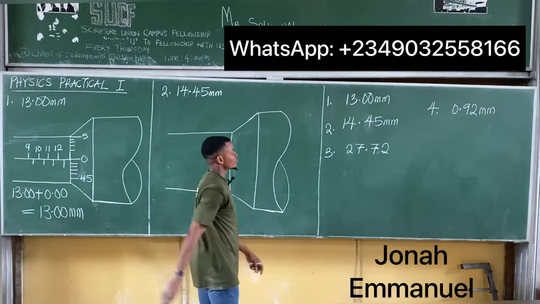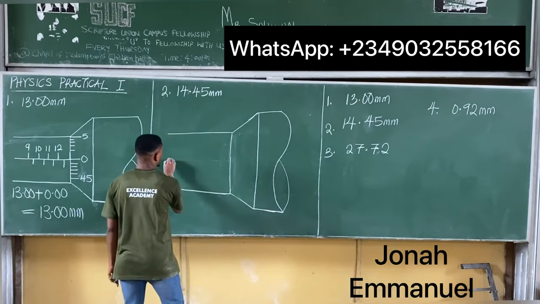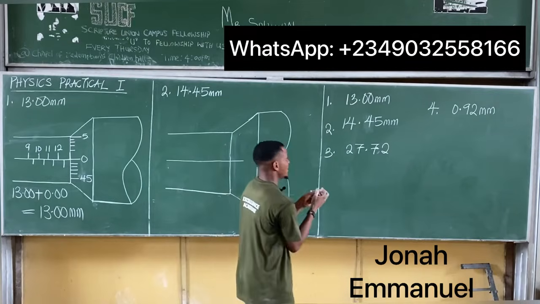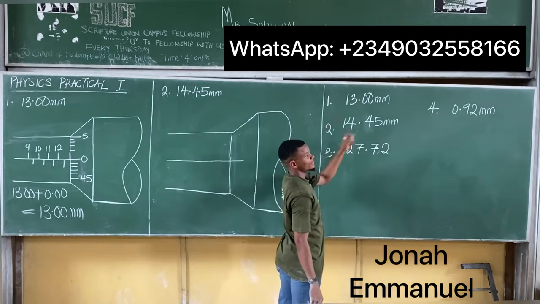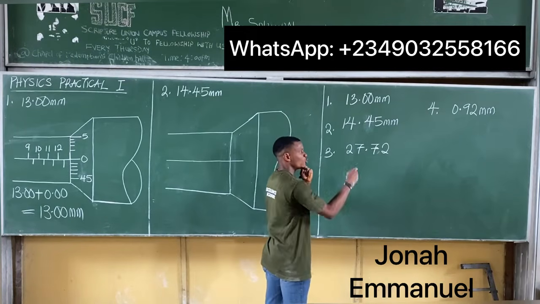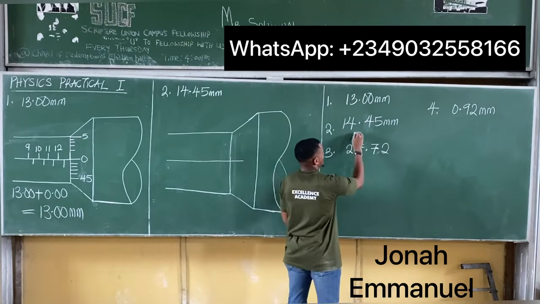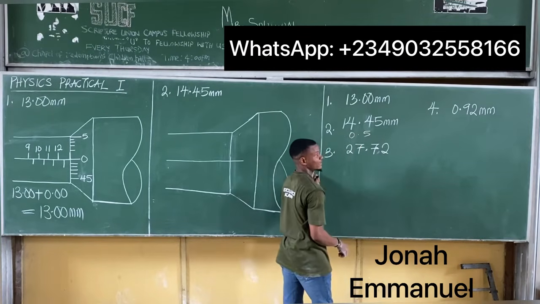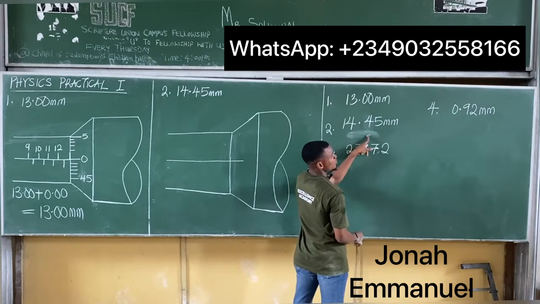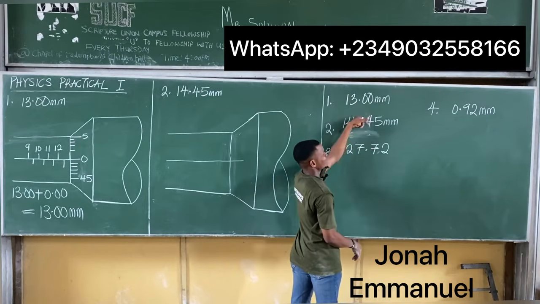First one, check. Second one, 14.45. Look up, please. 14.45. My first task will always be, can I subtract 0.5 from this? Is it possible? If yes, subtract. If no, go ahead. For instance, if I subtract 0.5 here, it will not readily go. I'll have like 13 point and whatever.